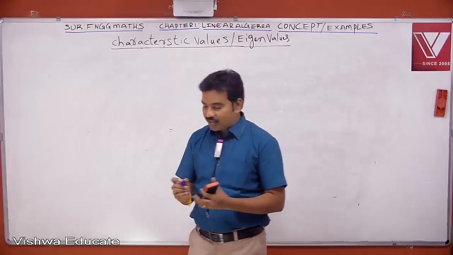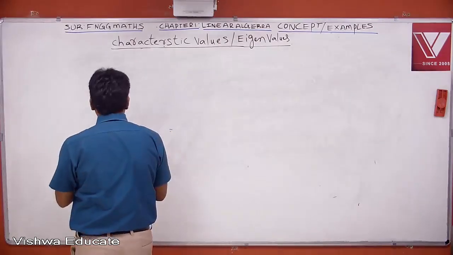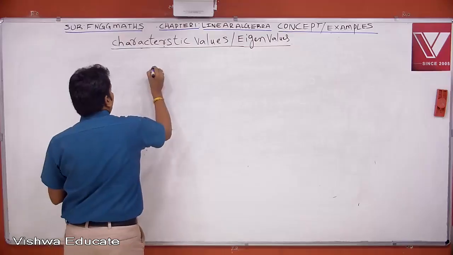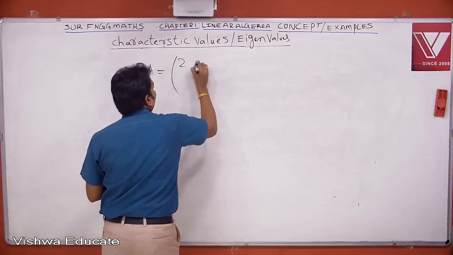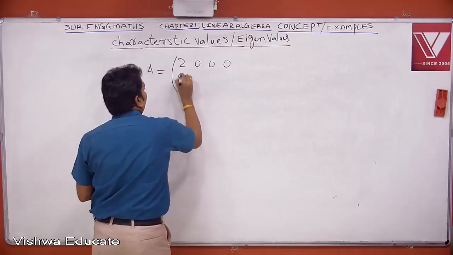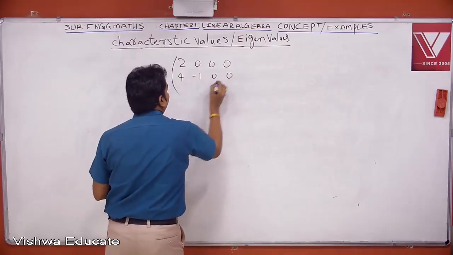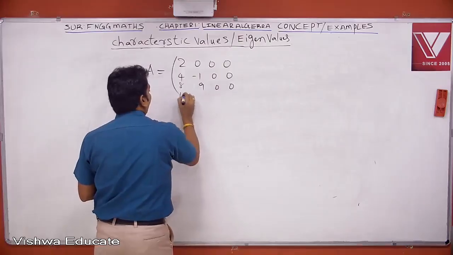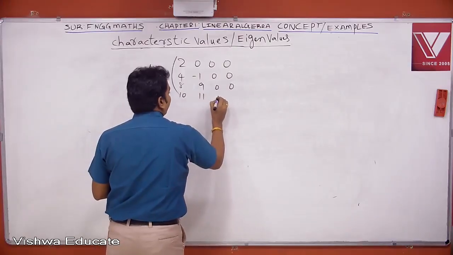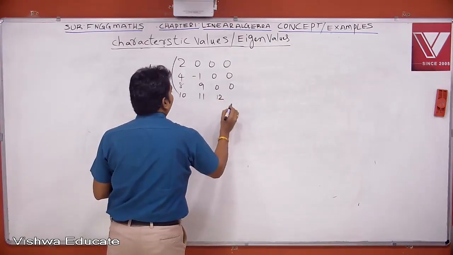Let us discuss an example. Suppose I have a matrix A equal to 2 0 0 0, 4 minus 1 0 0, 8 9 0 0, 10 11 12 3, for example.